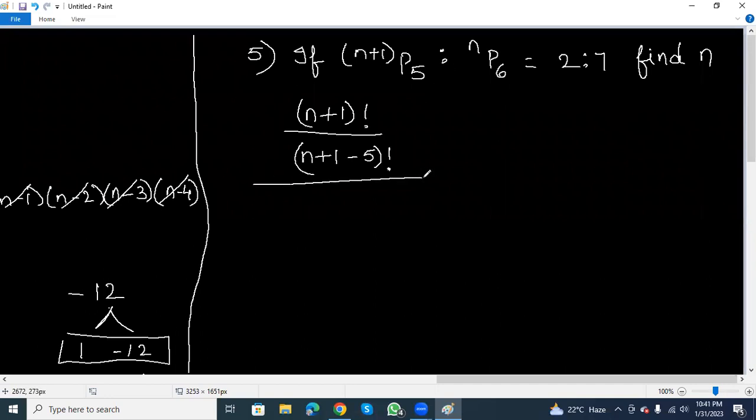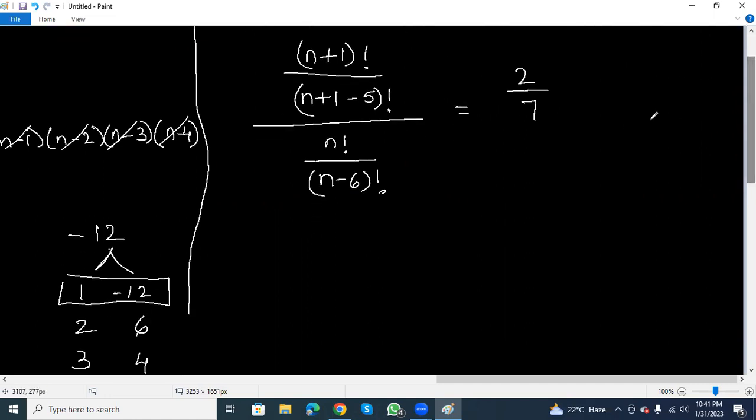So let's take it as a fraction. nP6 can be written as n factorial by n minus 6 factorial, which is equal to 2 by 7. 2 is to 7 is nothing but 2 by 7. Now, this n plus 1 minus 5 means n minus 4 factorial.